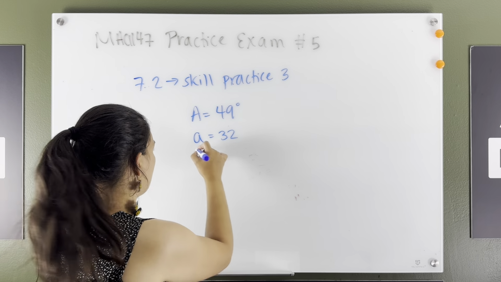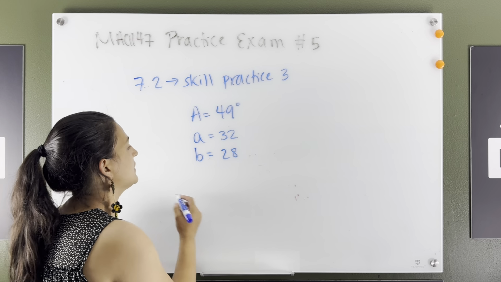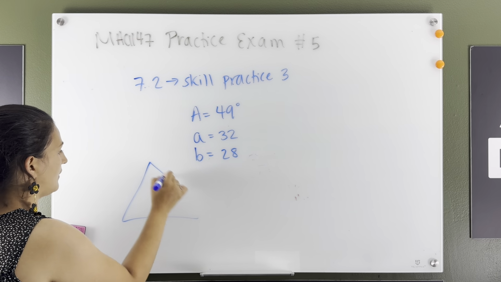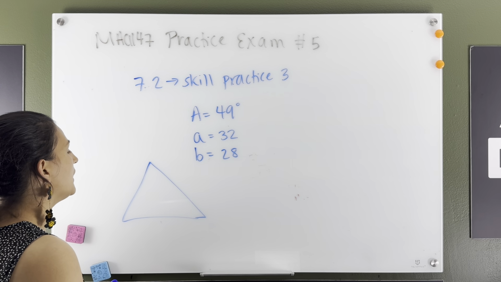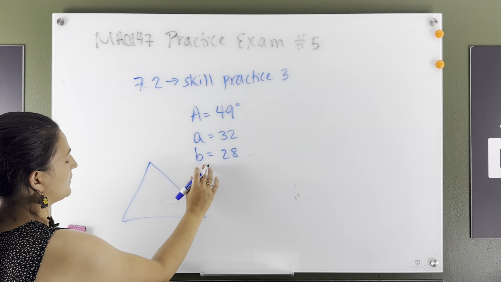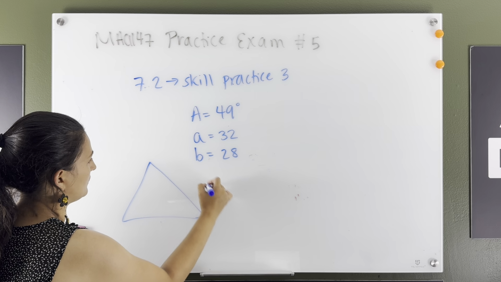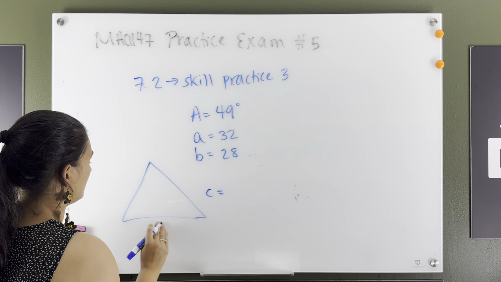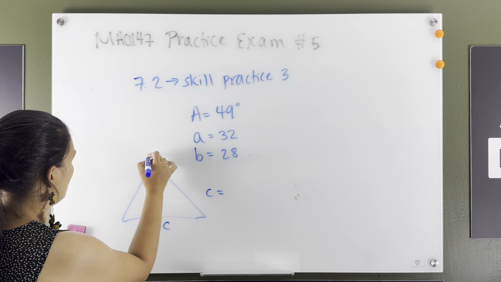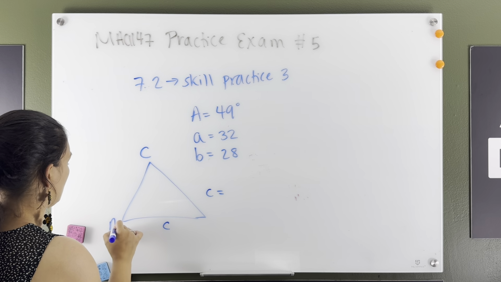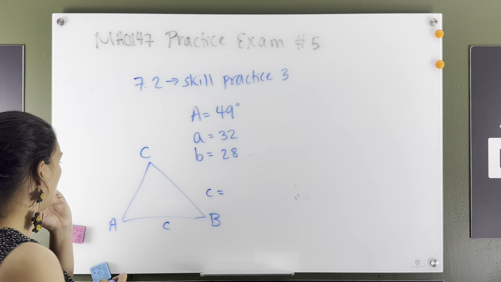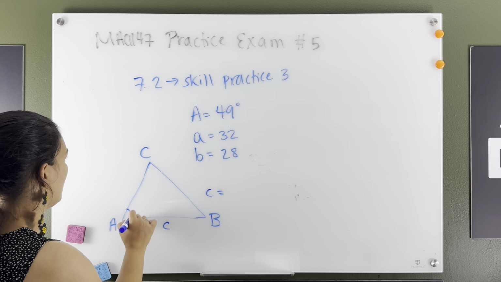and side B. So again, my recommendation is, when you label the triangle, you can label it however you want, but I like to make the side that we're missing, C, the base. So we're going to make this side C, angle C, and then we can do A, B, C. Okay, good.